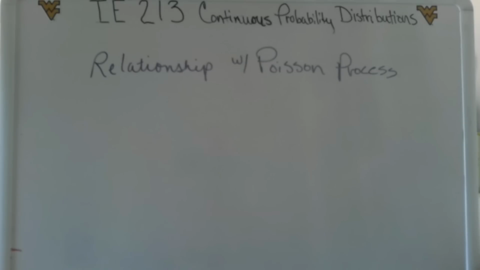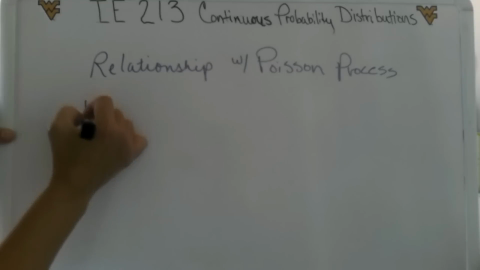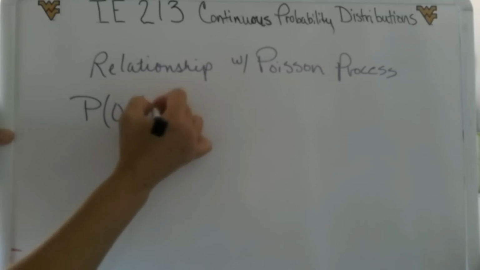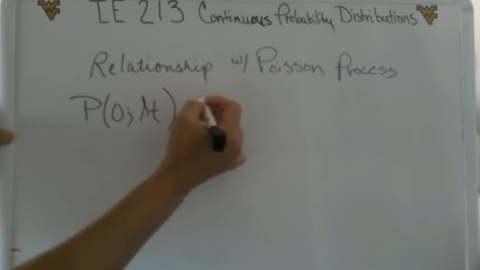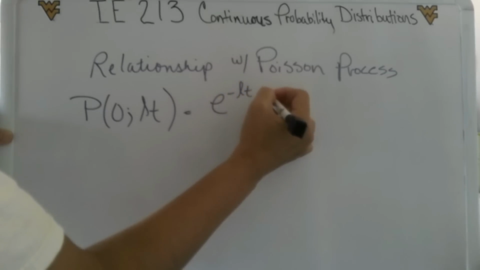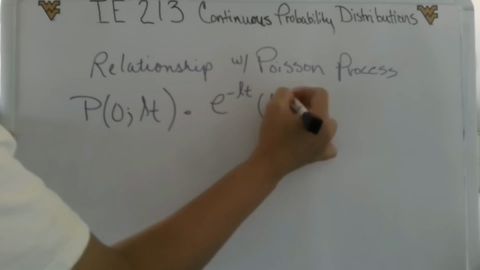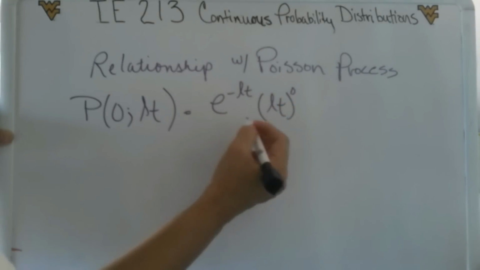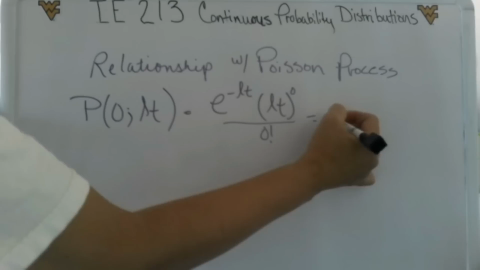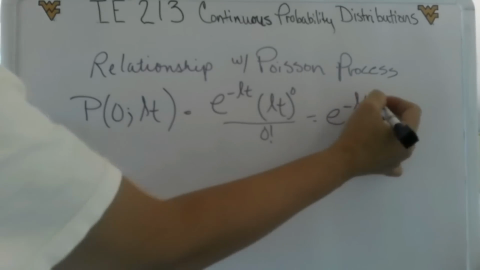Using the Poisson distribution, we find the probability of no events occurring in the span up to time t would be given by the probability of 0 events occurring, lambda t, is equal to e to the minus lambda t times lambda t to the 0 over 0 factorial, and that equals e to the minus lambda t.